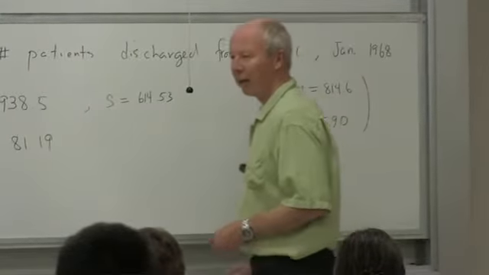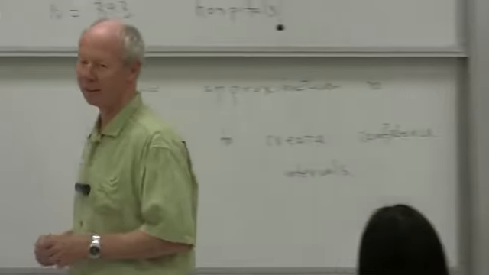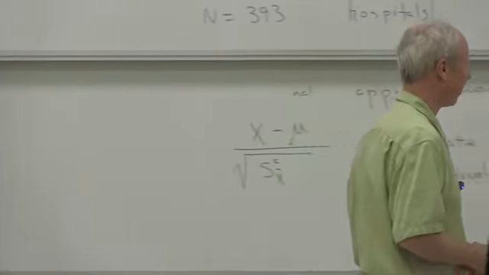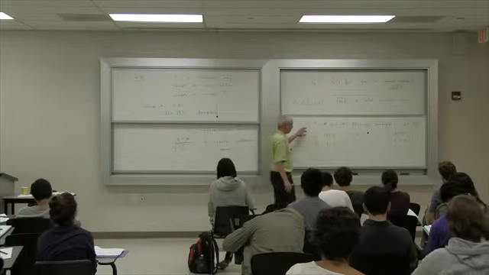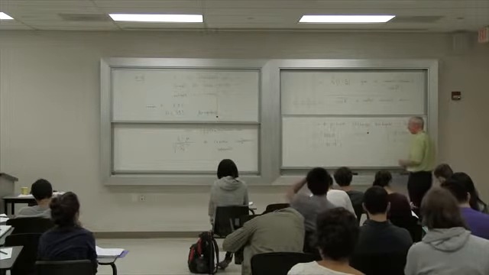I highly recommend you read the running example on the hospitals and number of discharged patients in January 1968. He does several things with that. This exercise uses the data from that example.